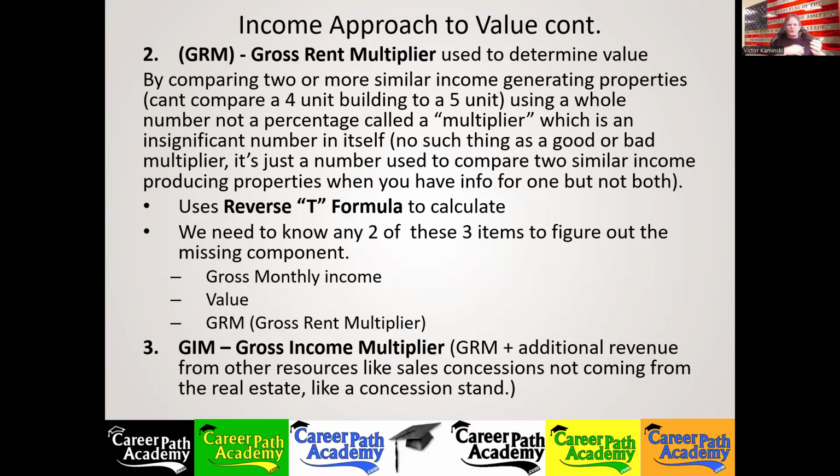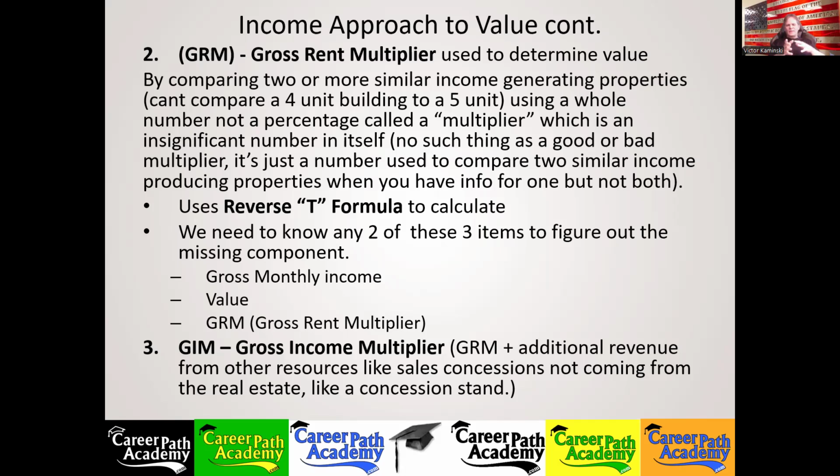There's no such thing as a good or a bad multiplier. It's just a number used to compare two similar income producing properties when you have info for one, but not for both. So it uses the reverse T formula where you'll need the gross monthly income and the value to figure out the GRM.